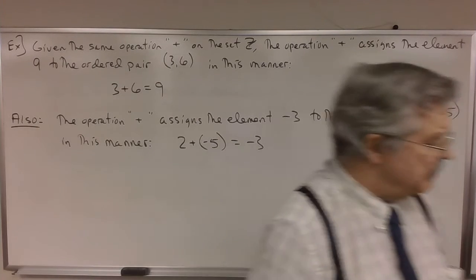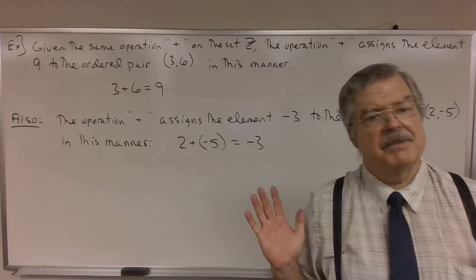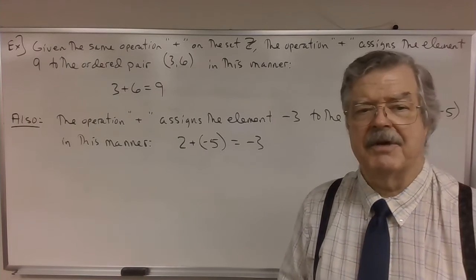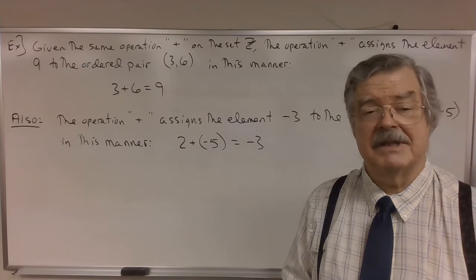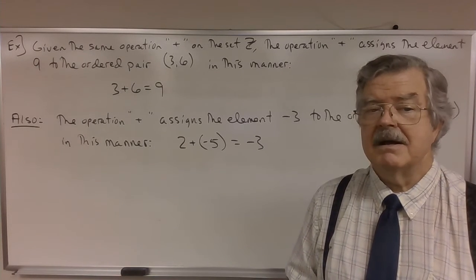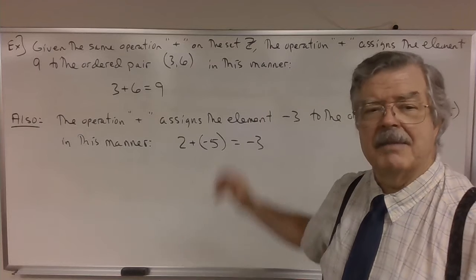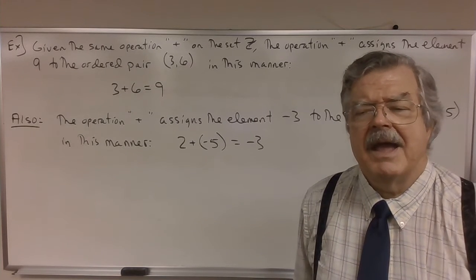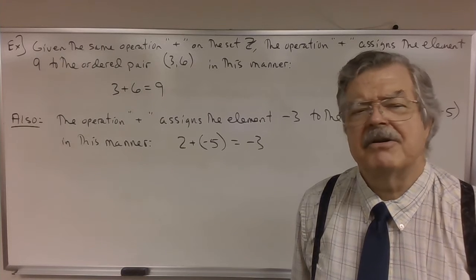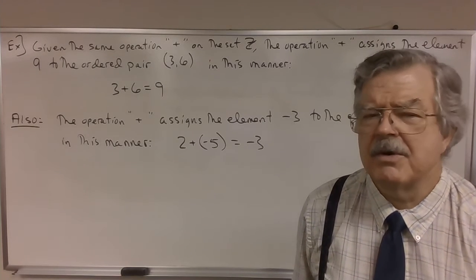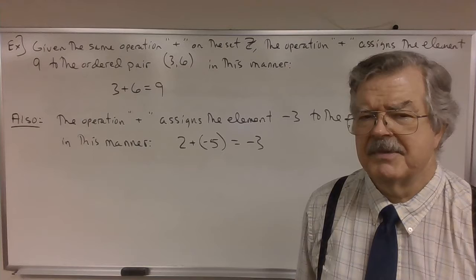And this example is a good example because we've been doing this since the first grade. But it may be a little bit misleading because we look at this example and it doesn't seem that it matters whether the pair is an ordered pair or just a pair.